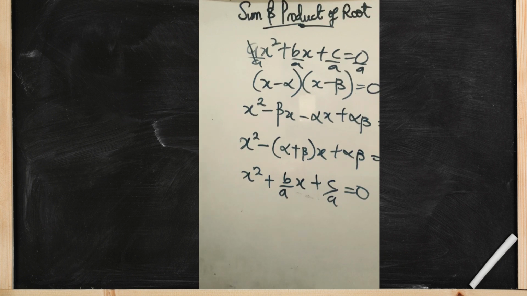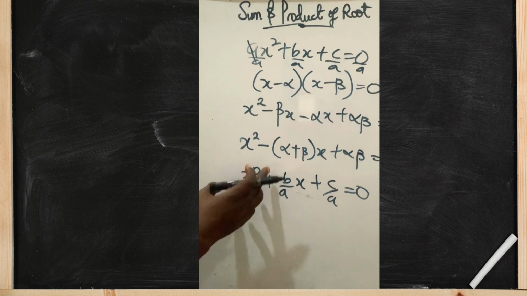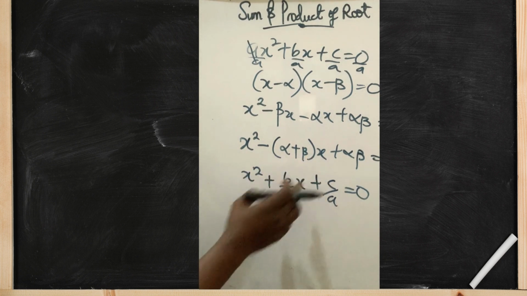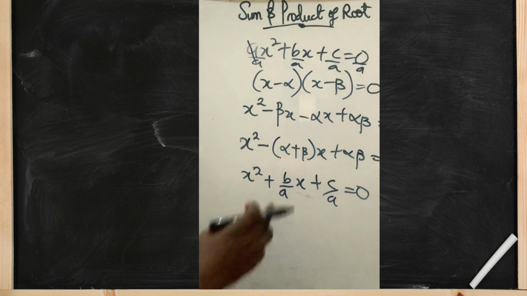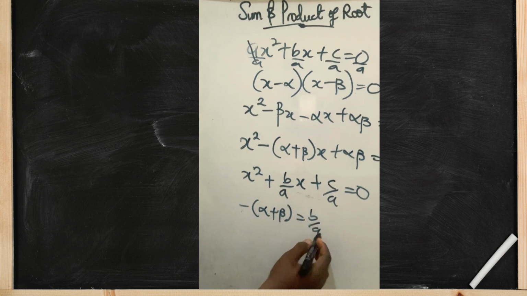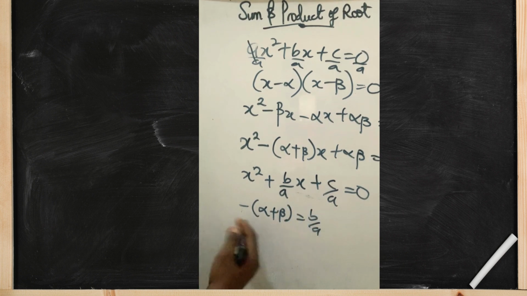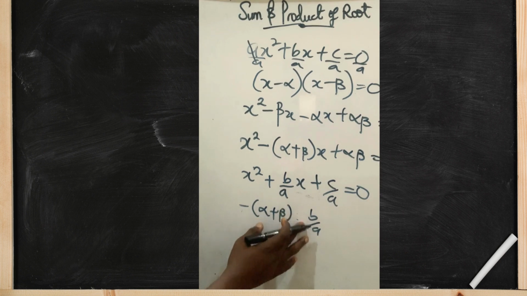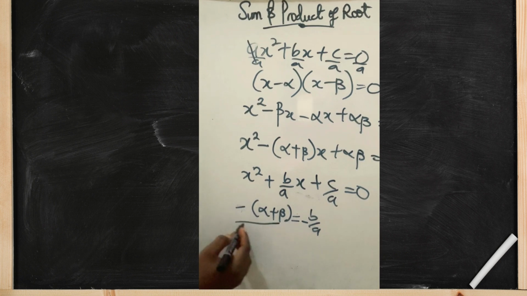Now these two equations can be related to each other in the sense that the x squared terms match, and this x and this x are out of the mark. So this and this equate to each other. So we can now say minus alpha plus beta equals b over a, in which this negative sign can divide both sides for the negative sign to become here, by saying minus 1 and divide by minus 1 as well.